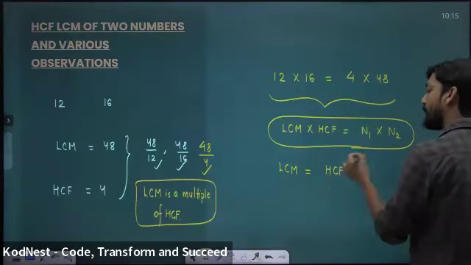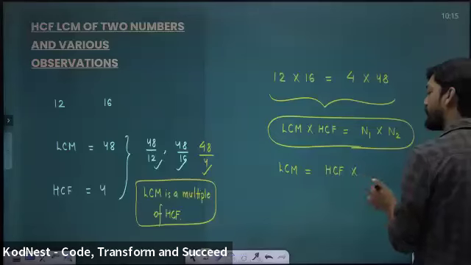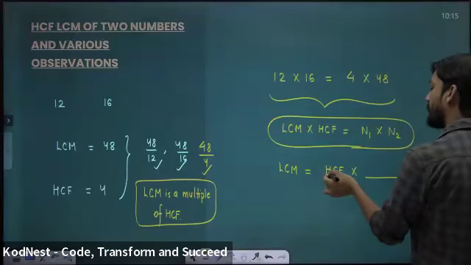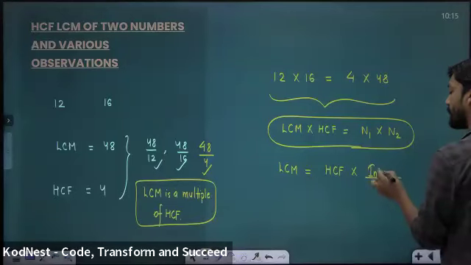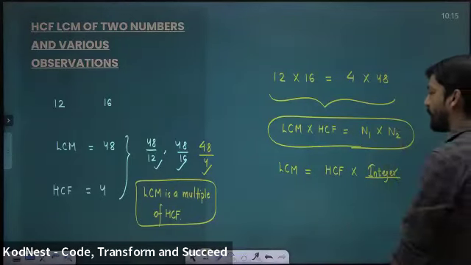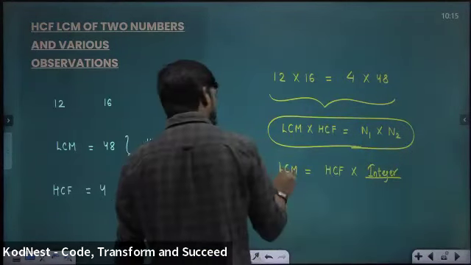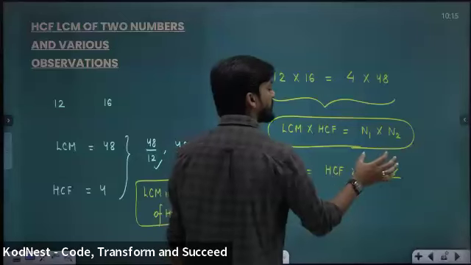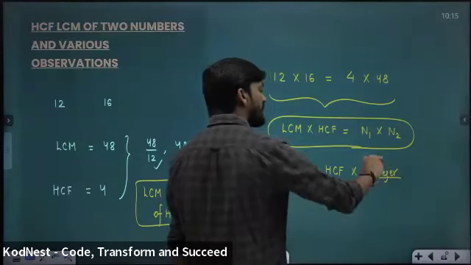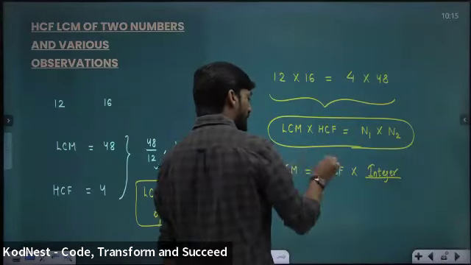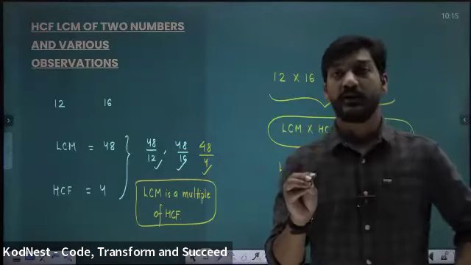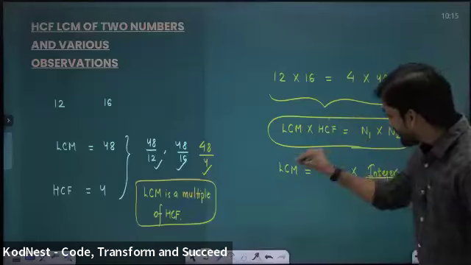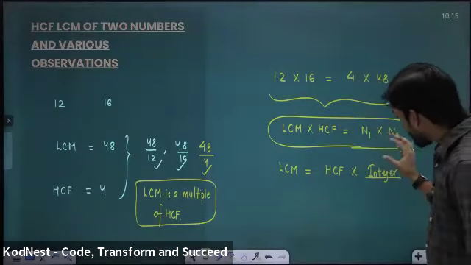Multiple means multiplied by HCF. My dear, multiple means HCF into a certain integer. So LCM always will be HCF into a certain integer. What that integer is depends on what these values are. But always LCM equals HCF into a certain integer.